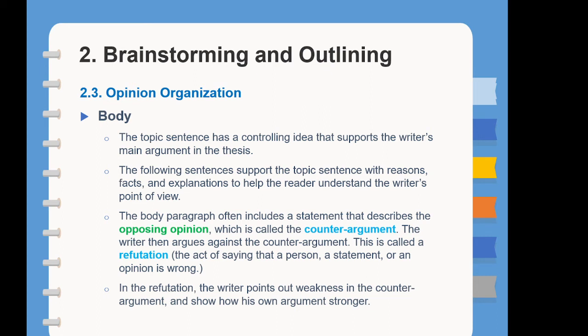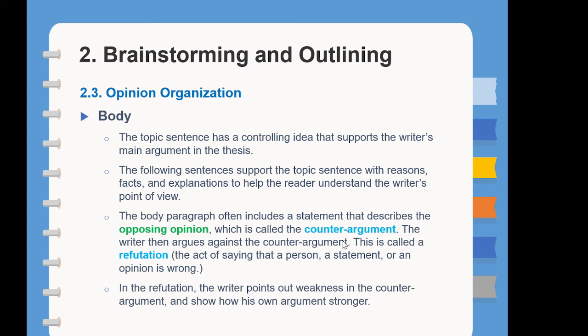You will have an example of what the opposing or counter argument looks like in the next example. Again, refutation is the act of saying that a person or a statement or an opinion is wrong. First you write down the opponent's opposing opinion, and then you fight that back.